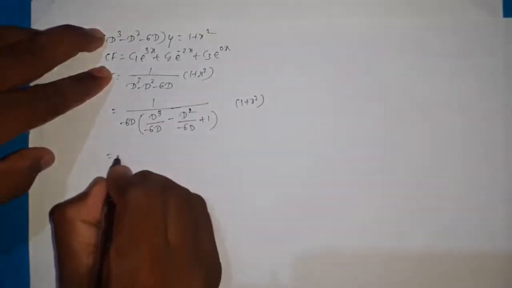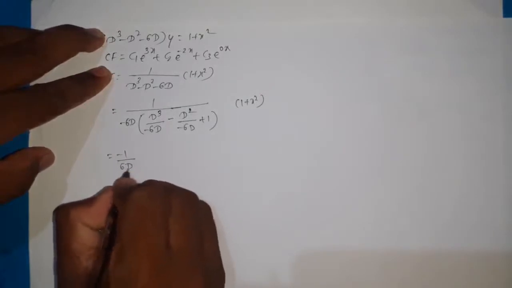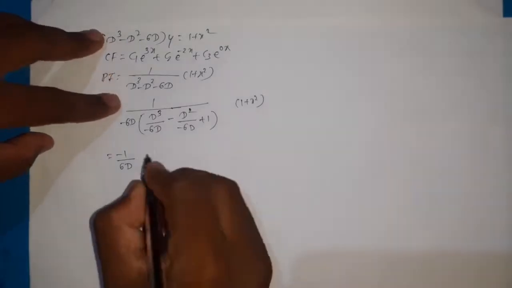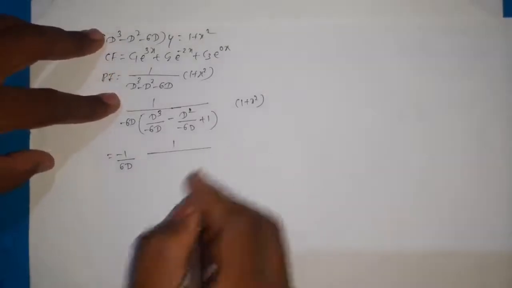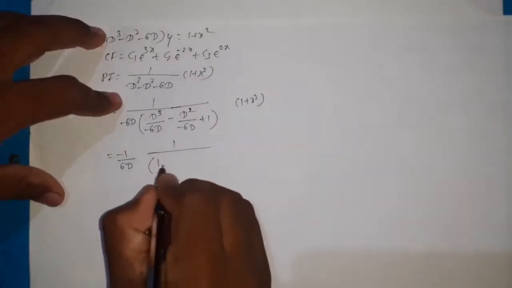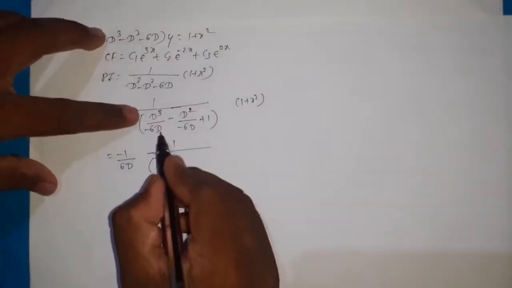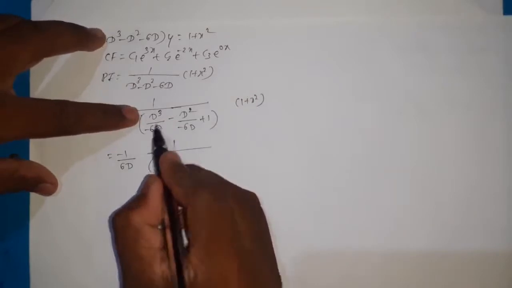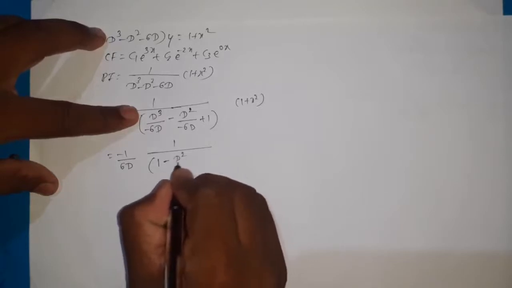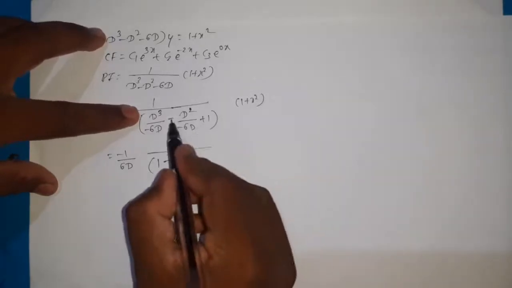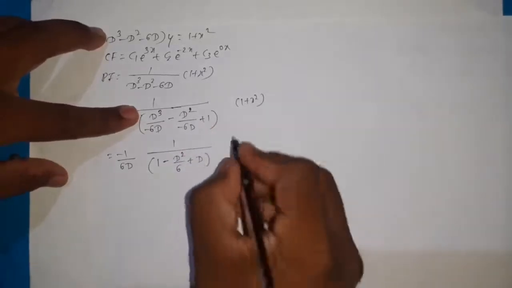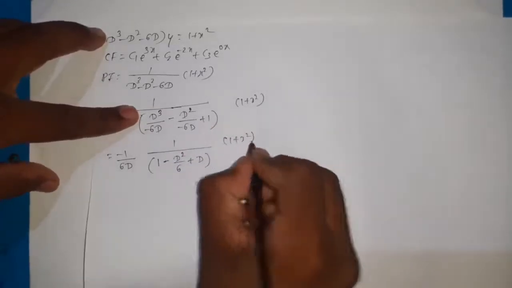Then it is minus 1 divided by 6D, that is outside. Then write the remaining terms in a systematic manner. First 1, here D cube divided by D becomes D square, minus 6, so D square by 6. Here minus into minus becomes plus, and D square by D becomes D, into 1 plus x square.